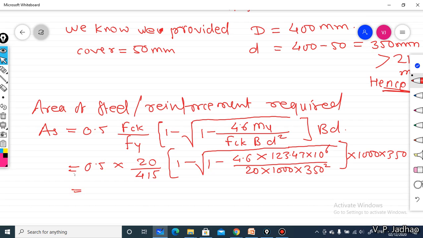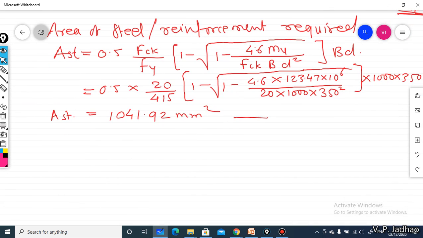So we get Ast equal to 1041.92 mm square. Okay, so this is the steel required to be provided.